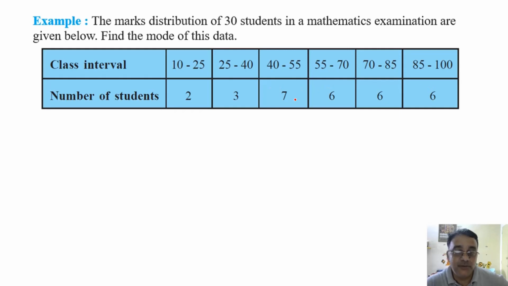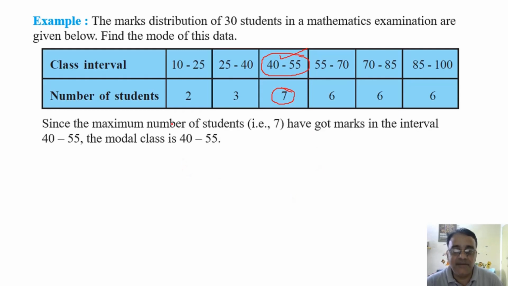40-55. मैंने पूछा फ्रीक्वेंसी 7. ओके, अब वो किस क्लास का है? 40 to 55. राइट, so this is the modal class. So we'll start with that step only. Since the maximum number of students have got marks in the interval 40 to 55, the modal class is 40 to 55.